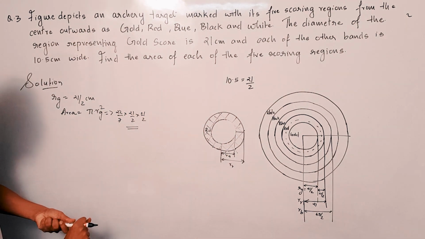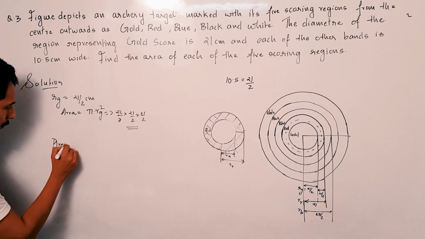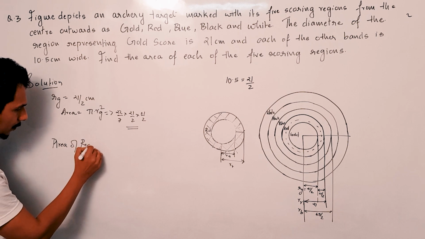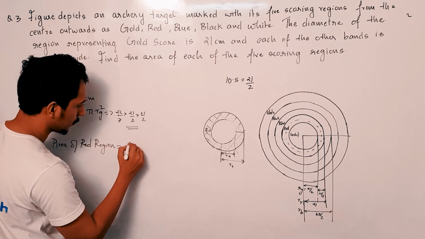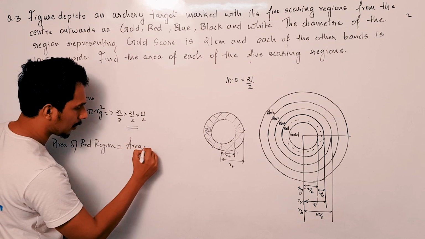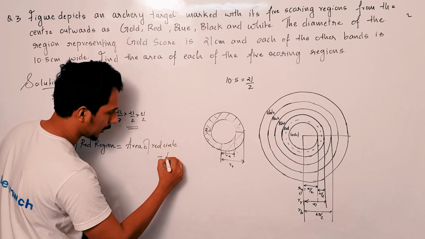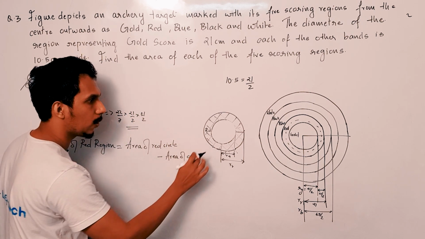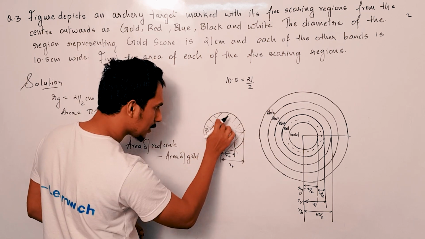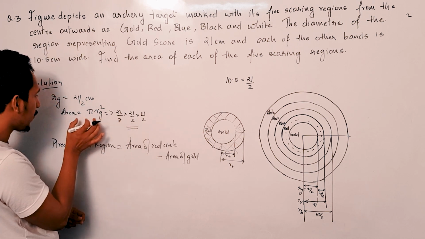Okay. So let's write area of red region equal to area of red circle minus area of gold. Can I do that? The whole circle minus the gold area. I subtracted the gold, which I have already calculated.